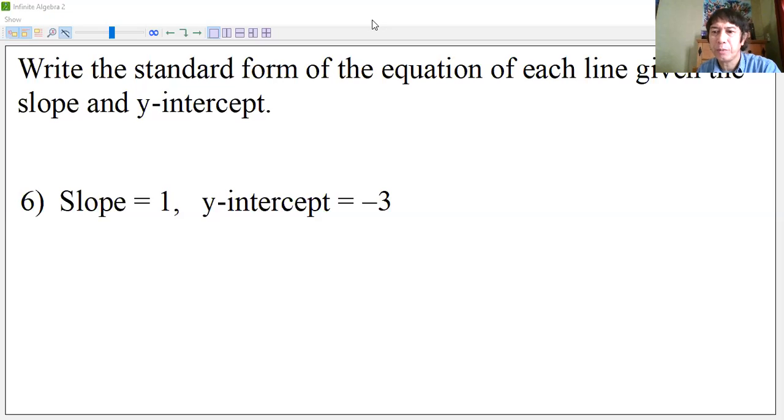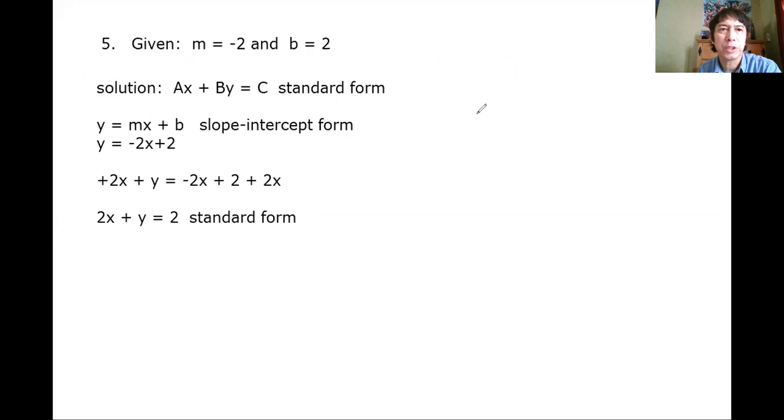So we go into the whiteboard and copy the problem. We shall erase number 5. And here is number 6. Okay, let me get the given first. That's 1 for slope, negative 3 for y-intercept.